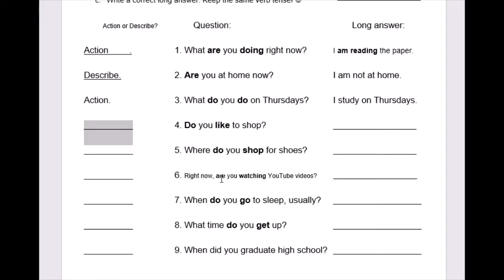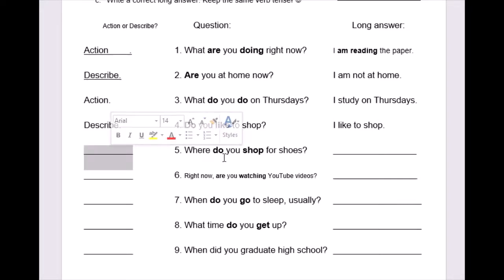I would call this describing. It's a non-action verb. Okay. I like to shop. Okay. So that is my long answer, if the answer is yes.